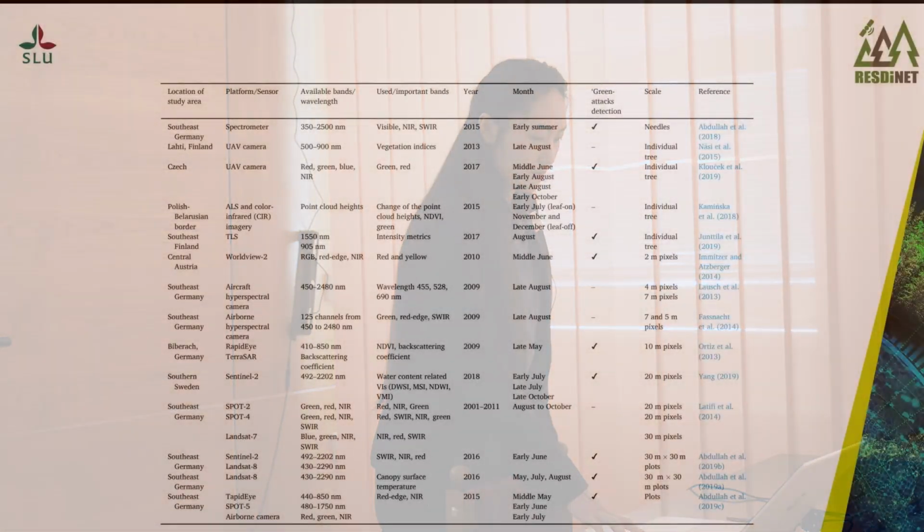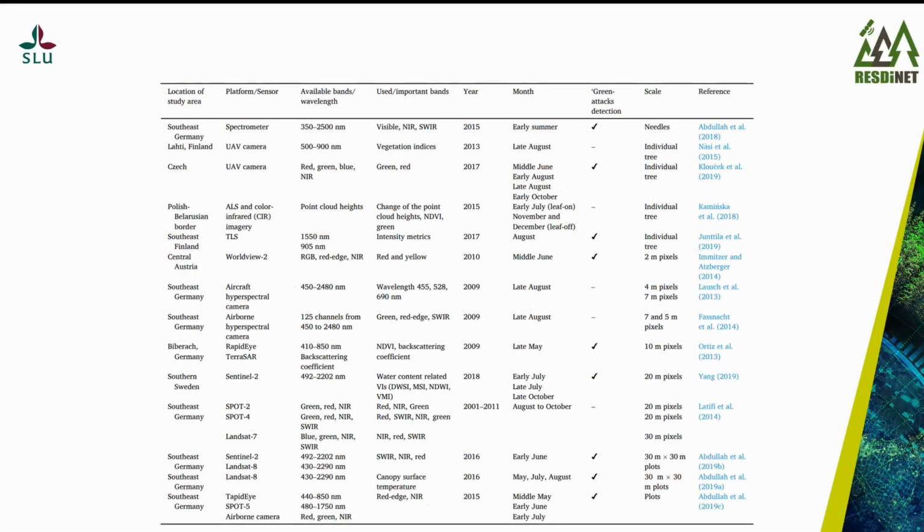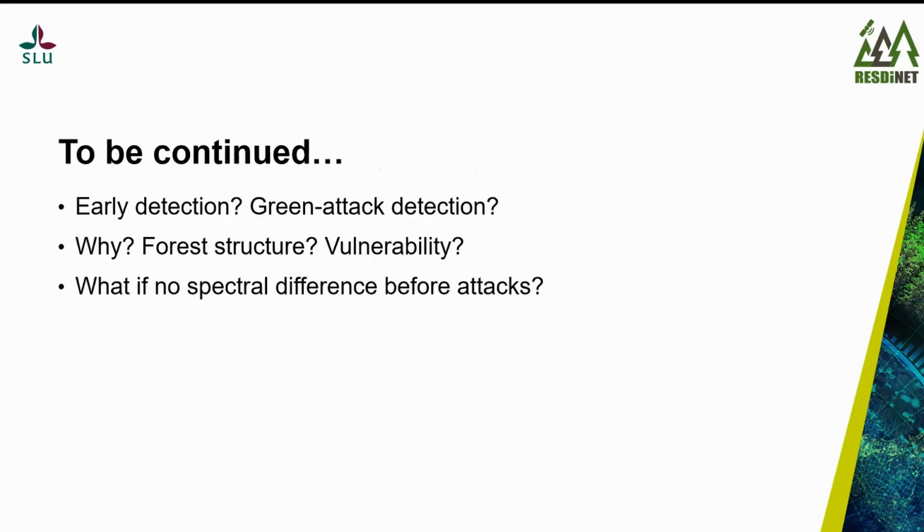When I went through some studies, this phenomenon was not alone in our study. A lot of studies using satellite images already find the spectral difference before the attacks. So we have different assumptions.